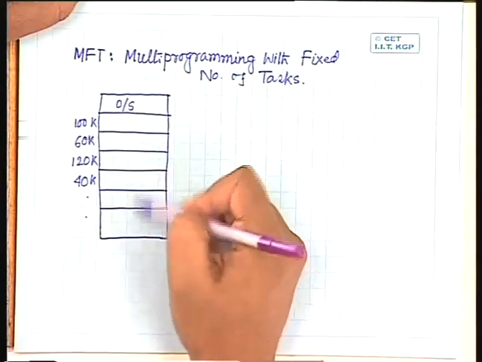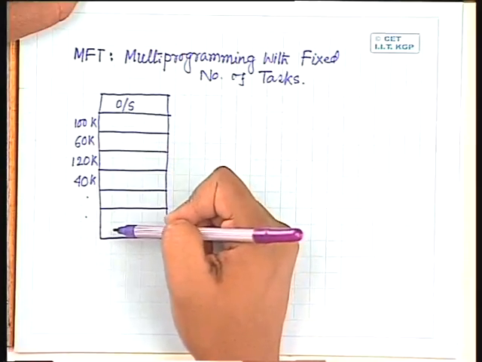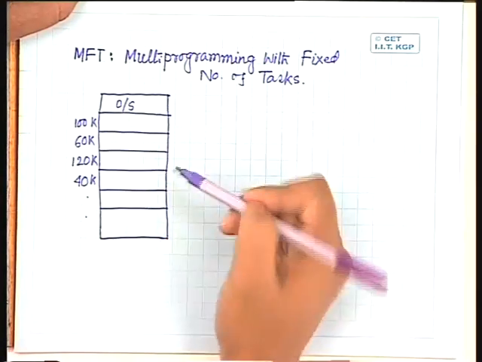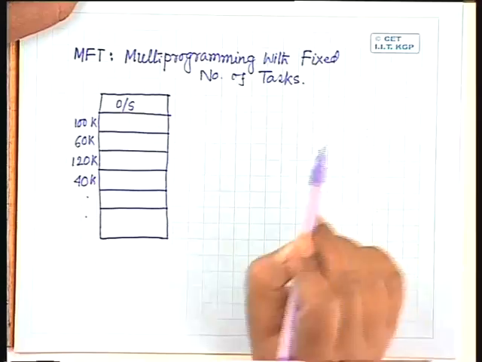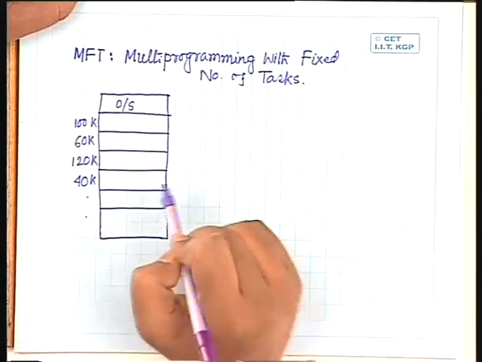So if the loader finds that there is at least one partition which is free and the size is also more than what is required, in that case the loader can bring the job from the secondary storage and put it into the appropriate partition. And after putting the job into this partition, that information table is also to be modified, because earlier the status of that particular partition was free. Now it has to be made occupied.